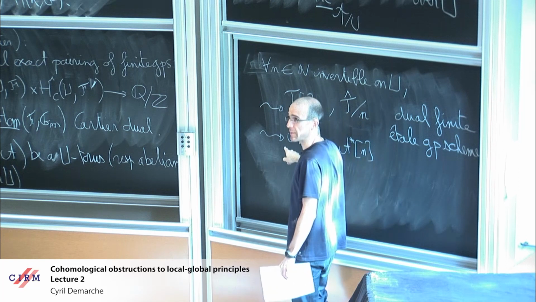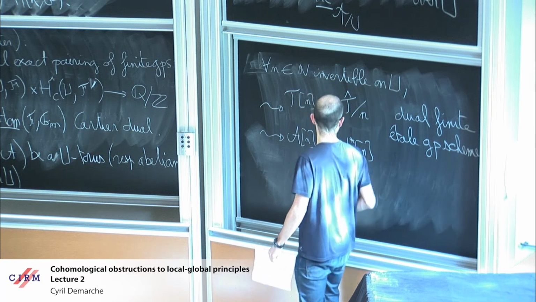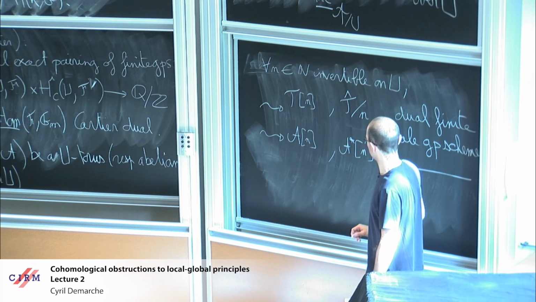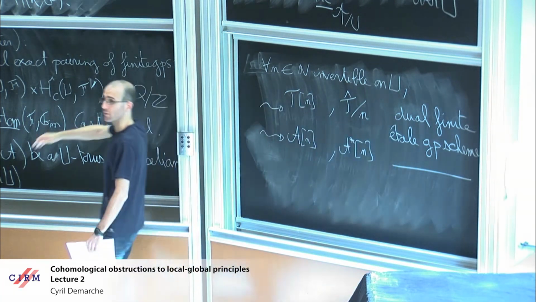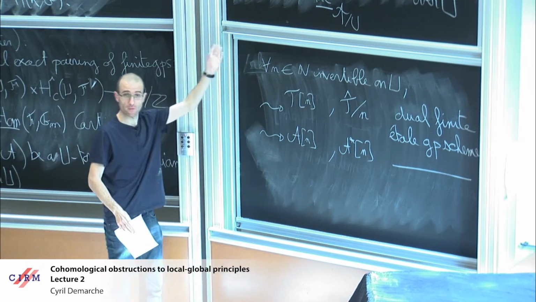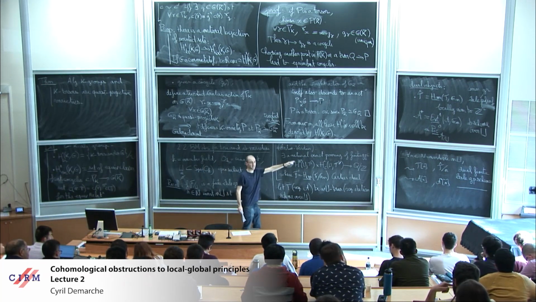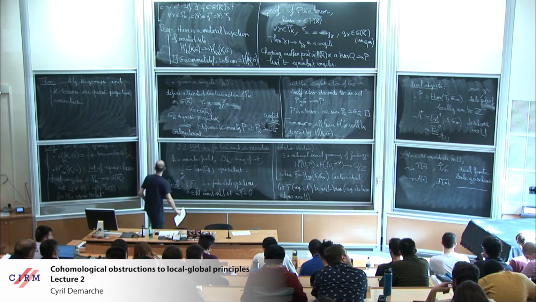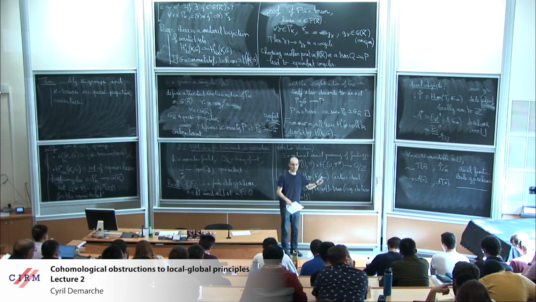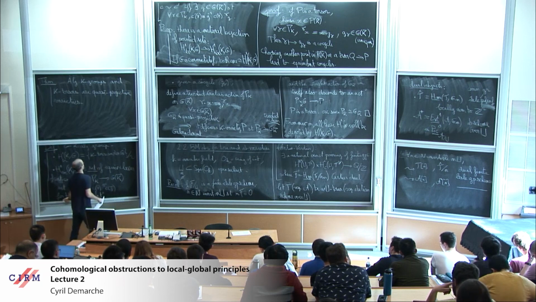If g is the dimension, this is locally something of the shape (Z mod n) to the 2g. They are also finite étale group schemes. So you can apply this theorem to the torsion part of the objects we defined, replacing F by this object, and you get duality results. Then you make n vary and pass to the limit, so you get a duality essentially for T and for A.